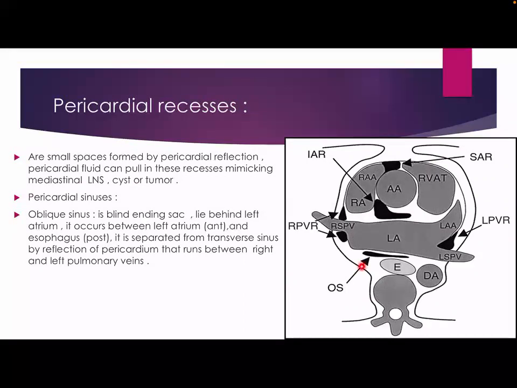This is the oblique sinus, which lies behind the left atrium. It occurs between the left atrium anteriorly and the esophagus posteriorly, and it is separated from the transverse sinus by a reflection of pericardium that runs between the right and left pulmonary veins.